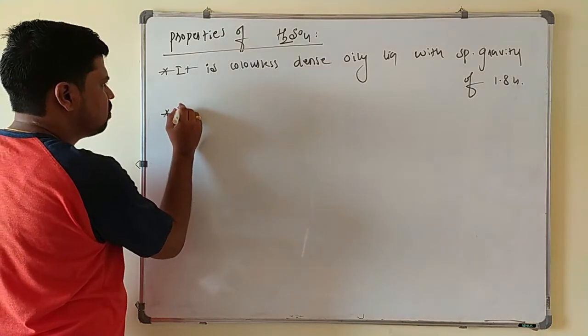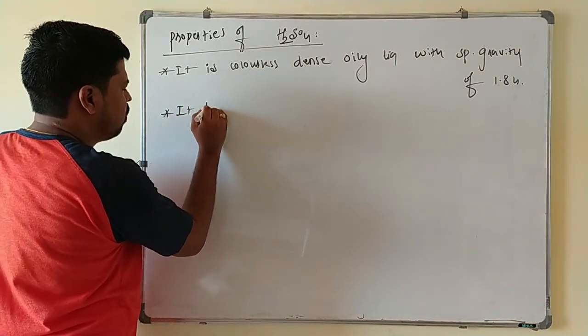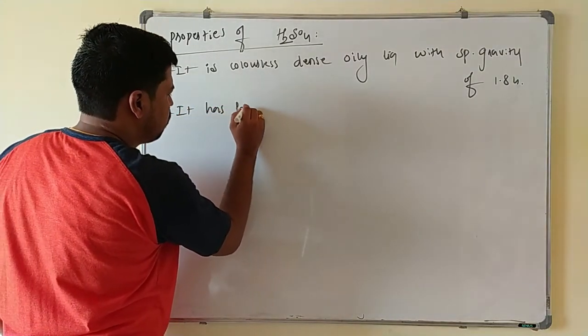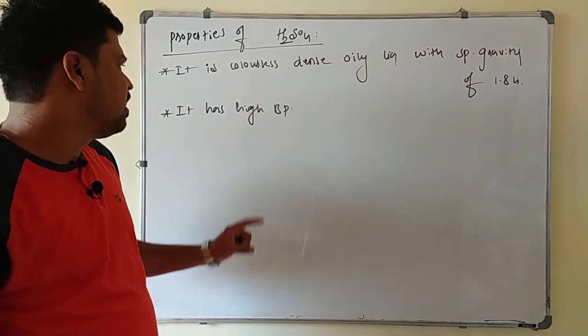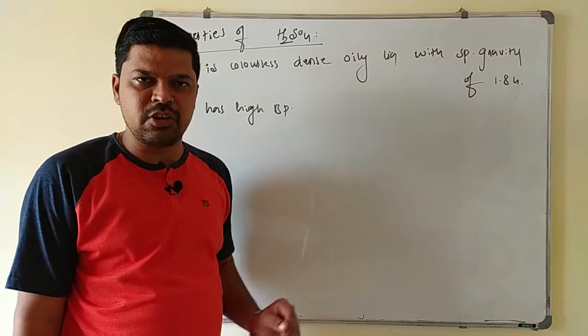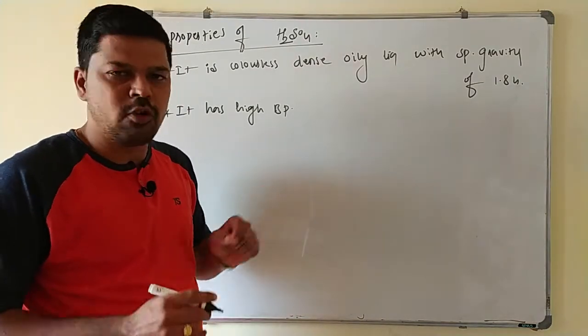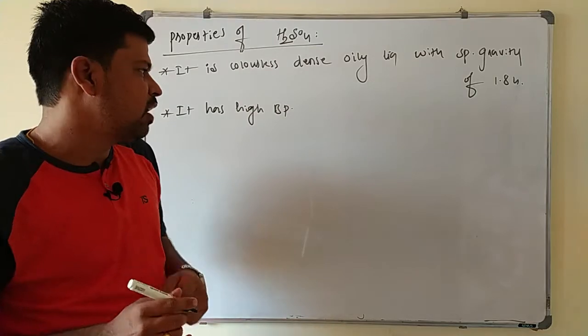It has a high boiling point and it is a highly viscous liquid. Its viscosity is because of what? Because H2SO4 molecules are involved in intermolecular hydrogen bonding.